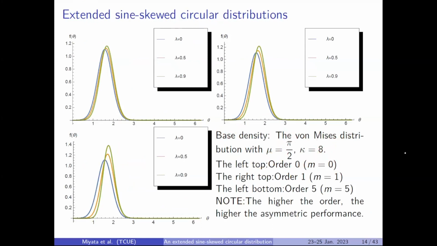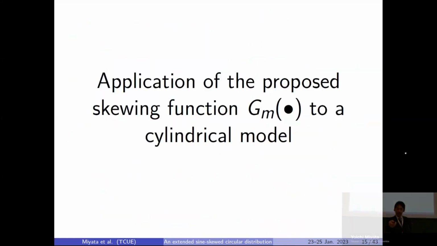The top left panel shows the density of order 0. The top right panel shows the density of order 1. And the bottom left panel shows the density of order 5. We can see from this figure that the higher the order, the higher the asymmetric performance.